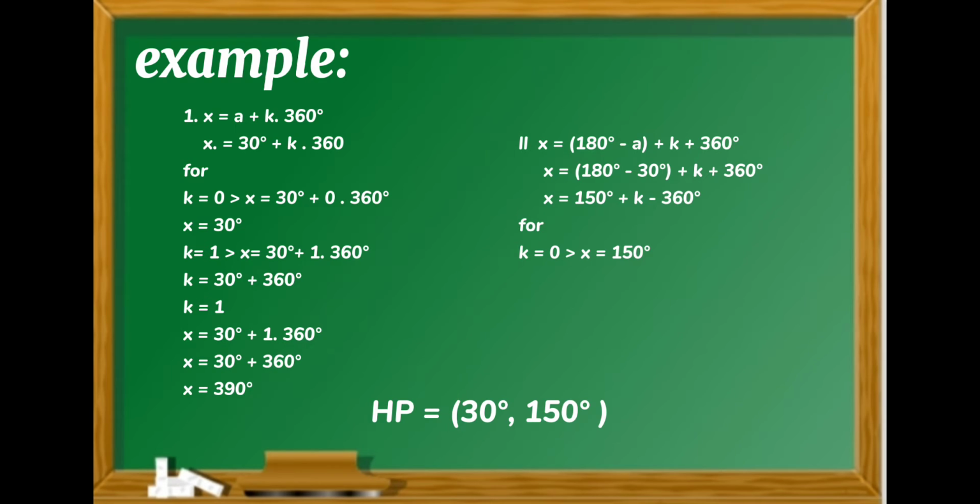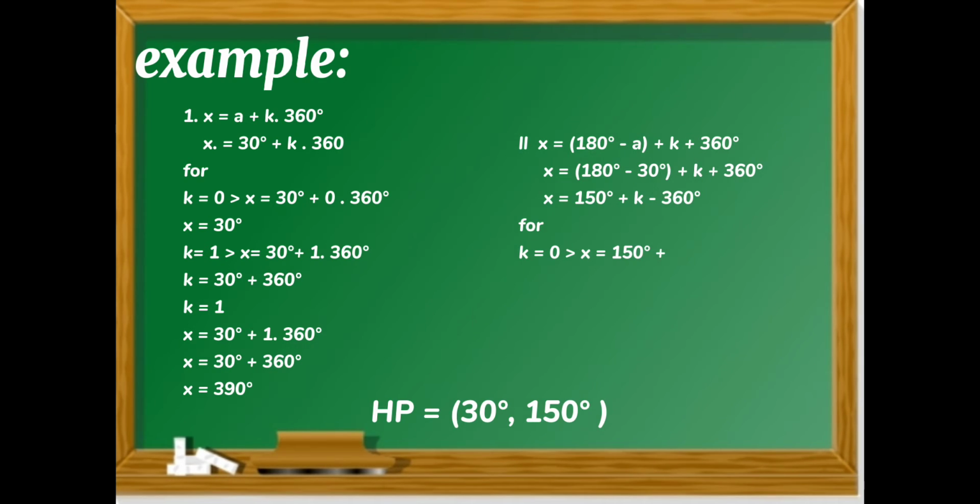For k equals 0, 0 times 360, we get x equal to 150.